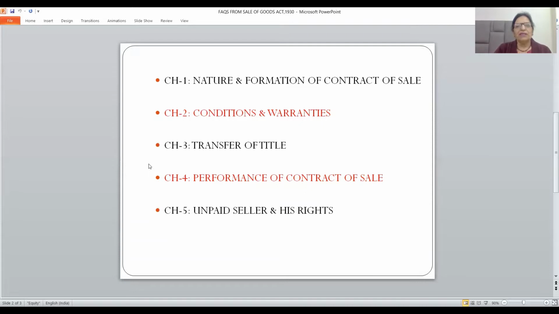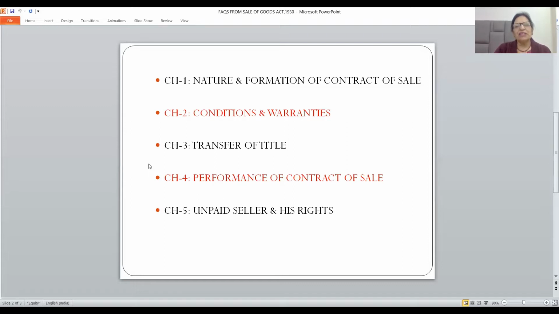And apart from this, a number of headings have been covered: what is the meaning of the term goods, the subject matter of contract of sale, what is included in and what is excluded from the subject matter of contract of sale, the various methods of ascertainment of price, and the effect of perishing of specific goods.